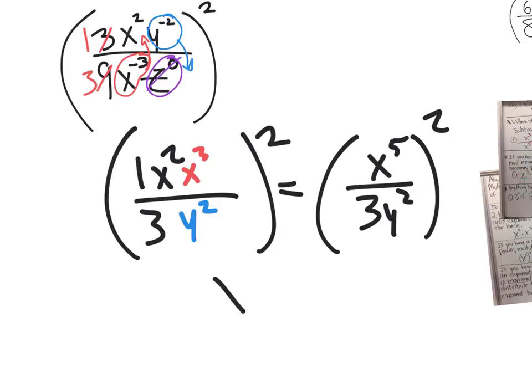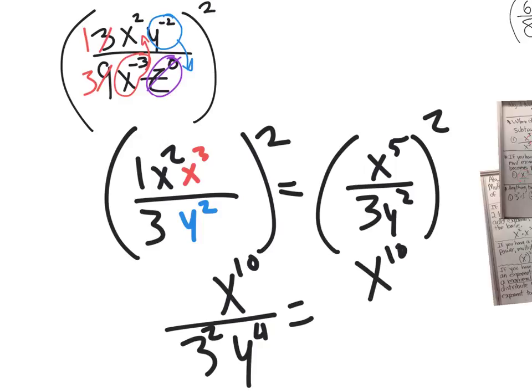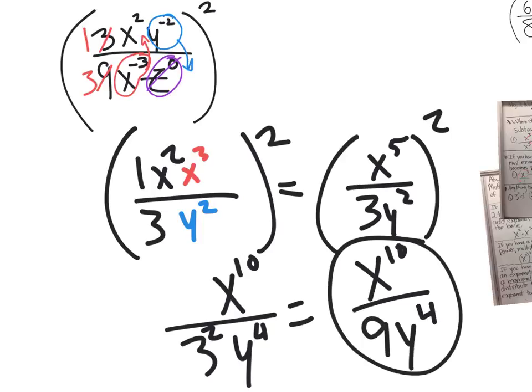So I'm going to have x to the 10th over what? It's not 6. Right, it's 3 squared, which is going to become 9, y to the 4th. Power to a power, you multiply, but 3 to the 2nd power is actually 9. So you really have x to the 10th over 9, y to the 4th. There's your final answer.